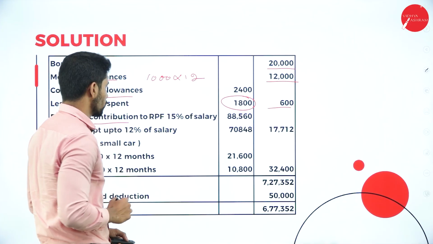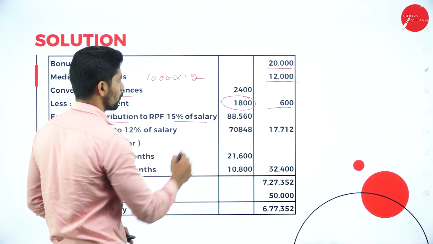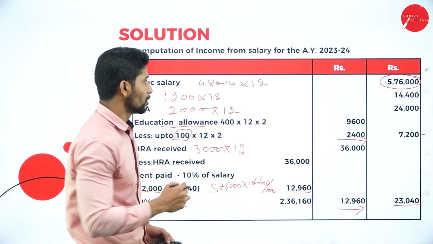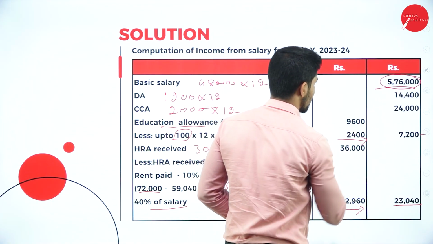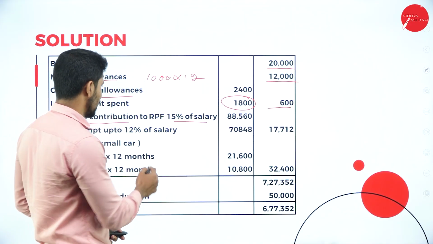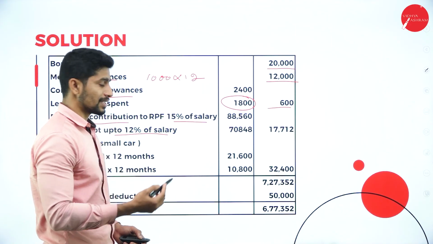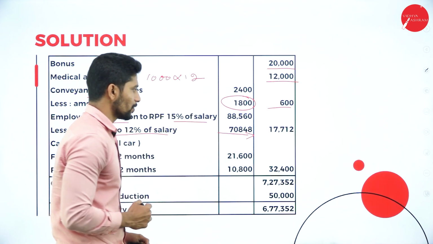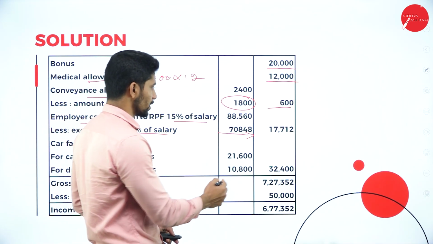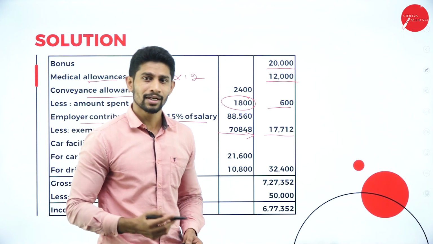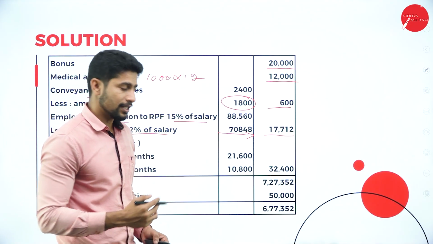And employer contribution to RPF, 15% of salary. So what is salary again? Basic, DA, commission. We take this basic salary and compute, and we get 18,560. Less exempt up to 12% of salary, the 12% value is 70,848. If you deduct it, you will get 17,712, that is the taxable RPF, recognized provident fund.